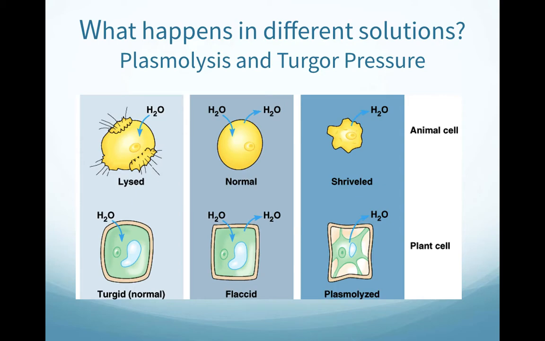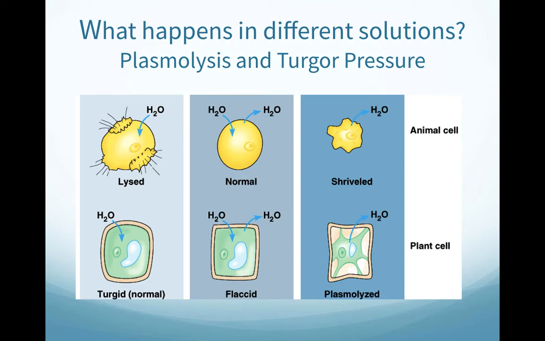So that's what could actually happen to your cells inside your body if you get injected with a solution that is not isotonic. So it is very, very important before doctors give you an IV of a solution, they have a general sense of what normal human cells are made up of, but they have to double check and make sure that they are giving you an isotonic solution, or else you will overhydrate or dehydrate, which is another issue.